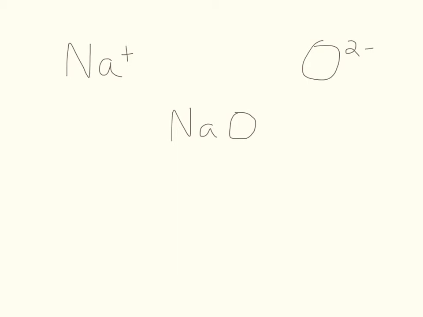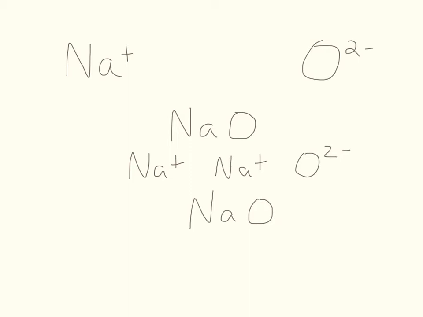We need another 1 plus. We need another positive charge. So to say I have 2 sodiums and 1 oxygen, I'm literally going to have this. Now that I've written it out, do you see that the oxidation numbers, this is how they add up to neutral? So I write it exactly as I did before.